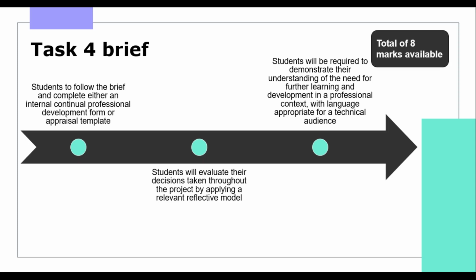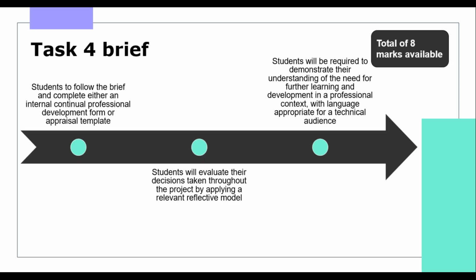Now, in this task, students can be awarded up to 8 marks for their evaluation. Depending on what the brief specifies, students will complete either an internal continued professional development form or appraisal template that will be provided. This will evaluate their decisions taken throughout the project by applying a relevant reflective model such as Gibbs.